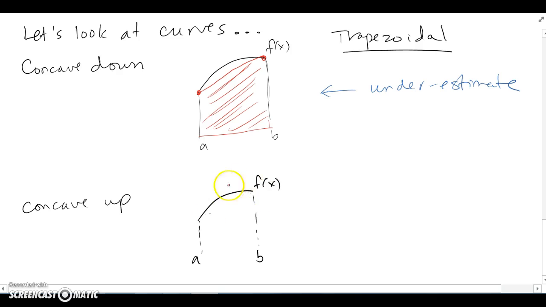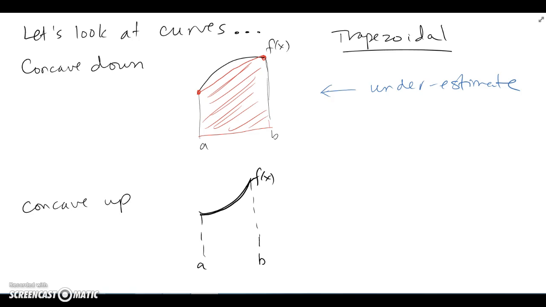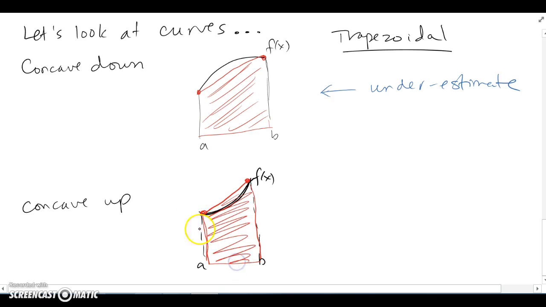Concave down curve, so let's say it's concave down, and I'm going to use the left and the right endpoints to make my trapezoid. Oh, we did concave down. I meant concave up. So now if I look at a function that's concave up, and I focus on one giant segment from A to B, I'm going to use the left and the right endpoints to make a trapezoid, and notice clearly what happens when I make a trapezoid in that one giant interval.